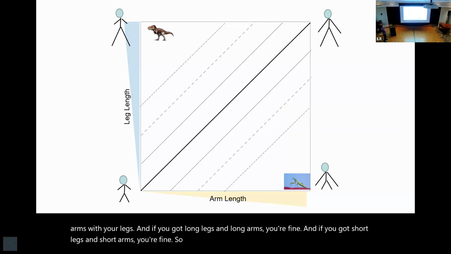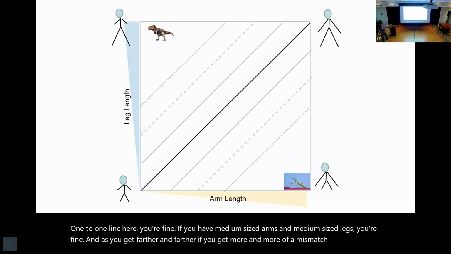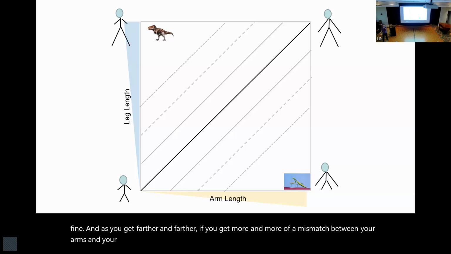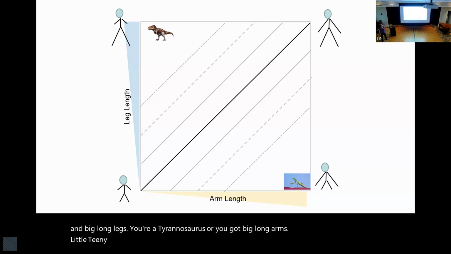Anywhere along this one-to-one line, you're fine. Medium-sized arms and medium-sized legs, you're fine. As you get more and more of a mismatch between your arms and your legs, your fitness gets lower. So this is like a fitness isocline. The farther out you get, the worse your fitness is, until up here you have little teeny arms and big long legs, you're a Tyrannosaurus, or you have big long arms and little teeny legs, you're a praying mantis.